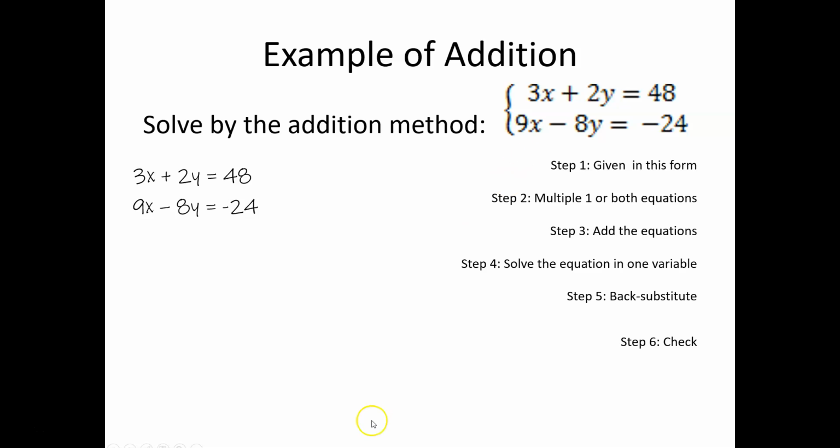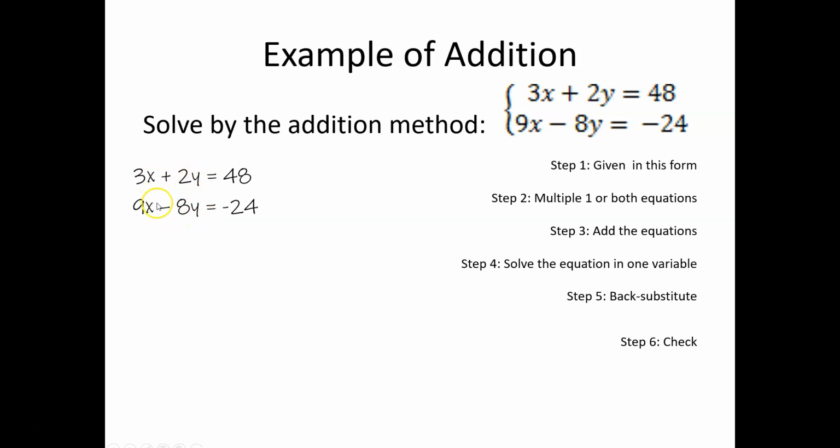Okay. Now, if we were to add these two equations together, we'd get 11x. No, we wouldn't. We'd get 12x plus minus 6y equals 24. So it wouldn't do us any good to add the two equations together as they are right now. What we want is for the coefficients to be opposites.